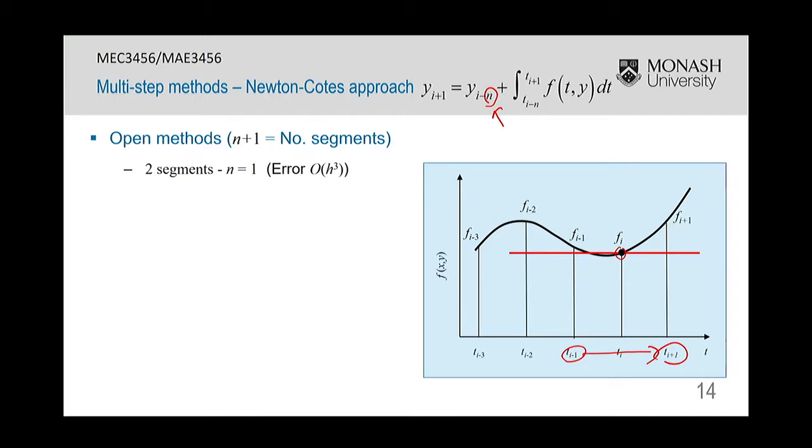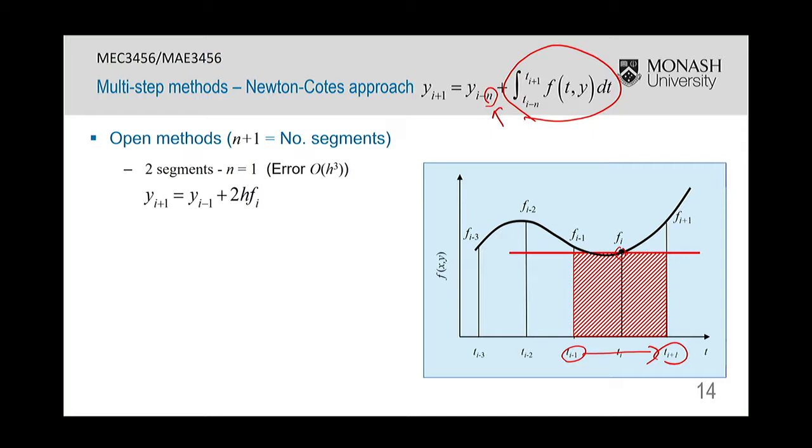We're going to fit a constant line to this, and then integrate from t_{i-1} to t_{i+1} to get an estimate of the right hand side. That looks like y_{i+1} = y_{i-1} + 2h f(t_i, y_i). So we're integrating over two steps, but we're only using function values inside the steps.